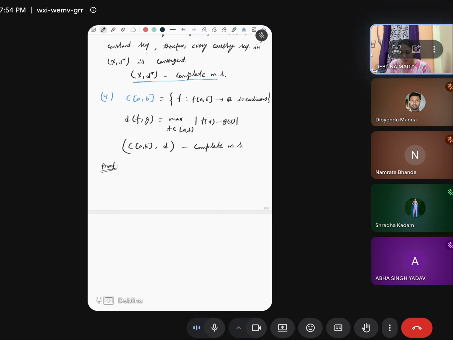So we have to prove this is complete, right? This means we have to take a Cauchy sequence and show that this Cauchy sequence is convergent. So first take a Cauchy sequence.